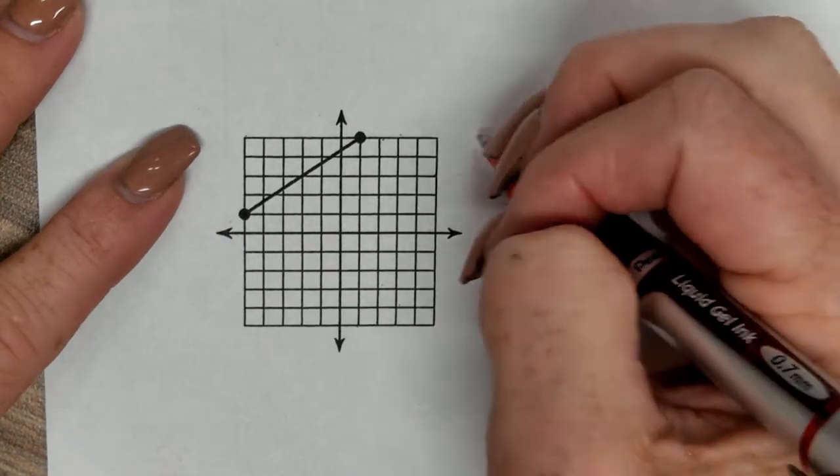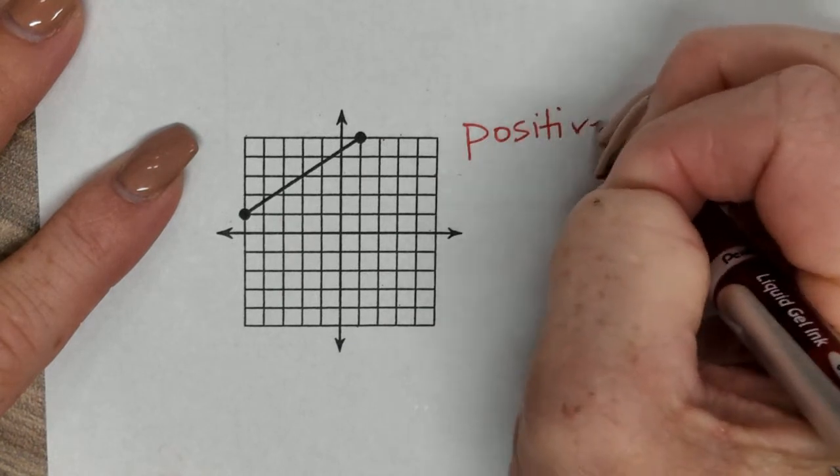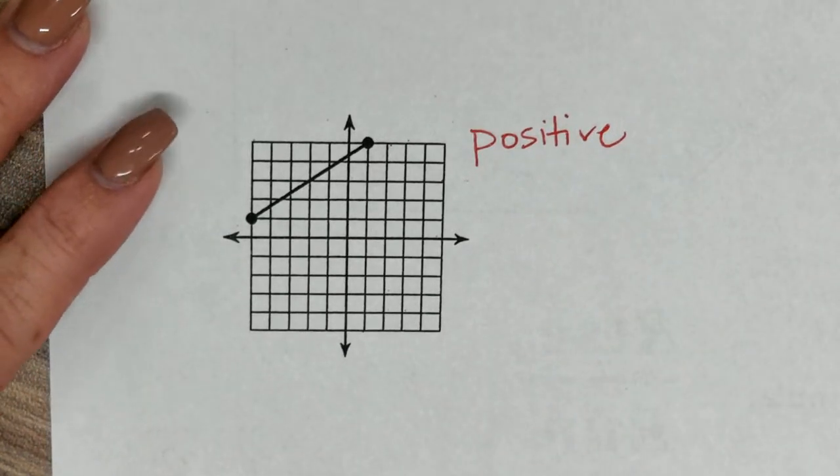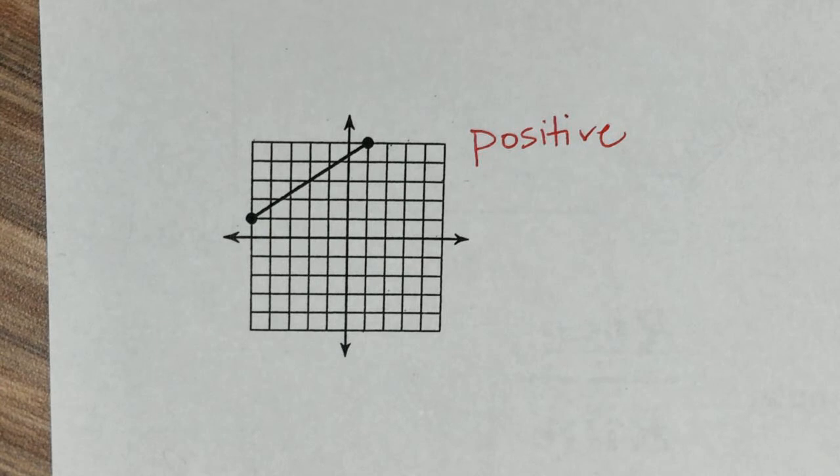What kind of slope is this? Positive. So my answer better be positive. I'm going to let you guys find the rise over run, and you guys simplify your answer.